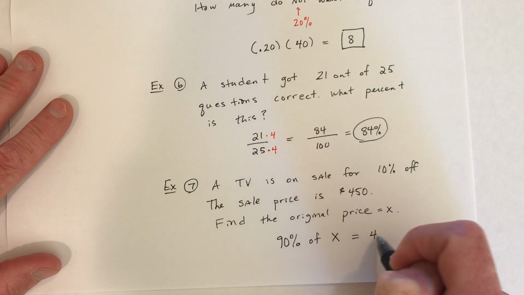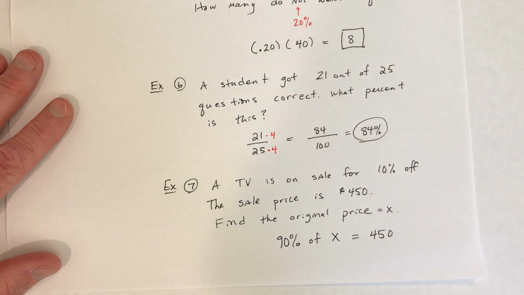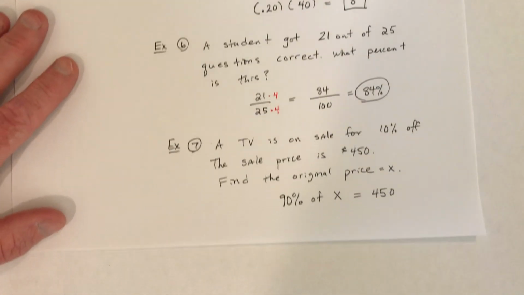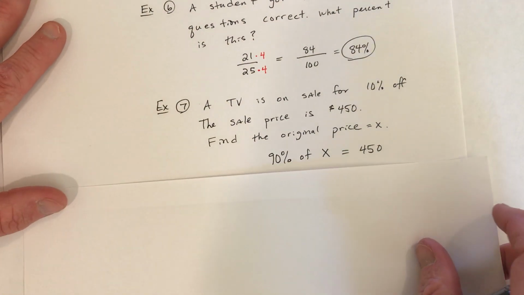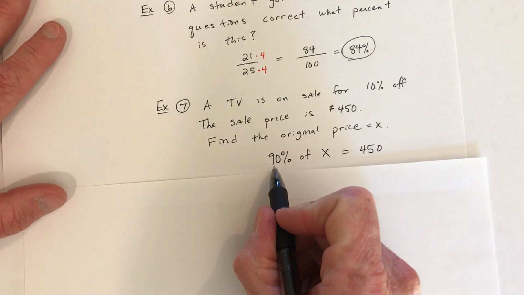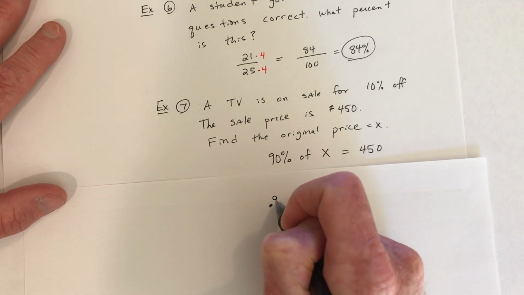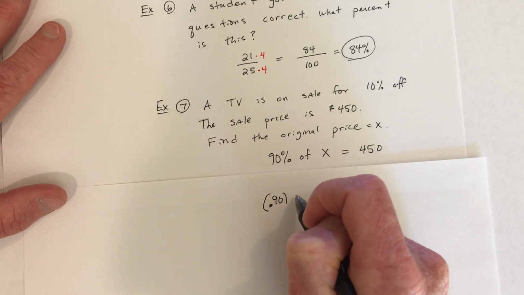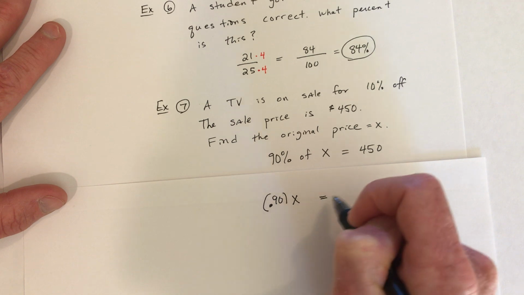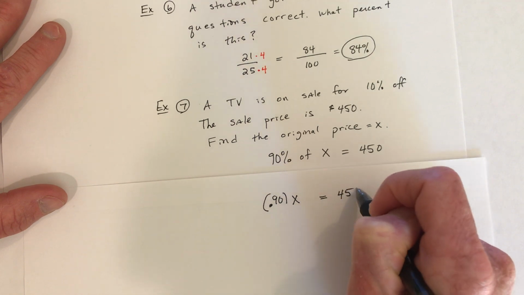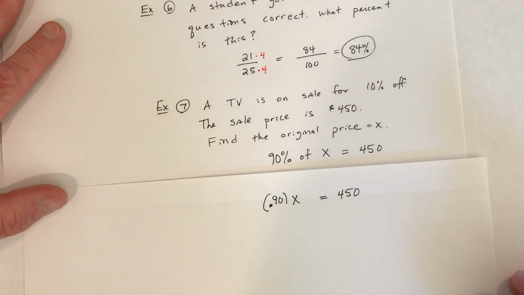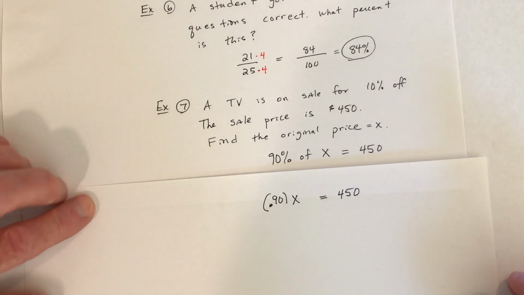And that equals $450. Well, the word of means multiply. So changing this to a decimal, that means that it's 0.90. Of means multiply. And then that's how they got the sale price of $450.